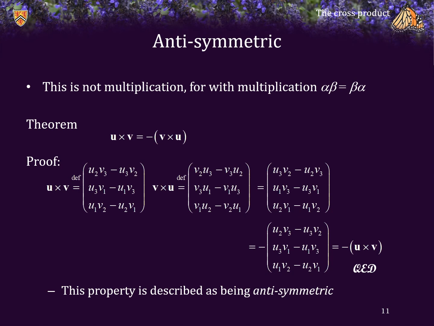This property is described as being anti-symmetric. Recall that the inner product, however, was symmetric. It was also an operation on vectors, but the inner product of u and v was equal to the inner product of v and u, at least for real vectors.